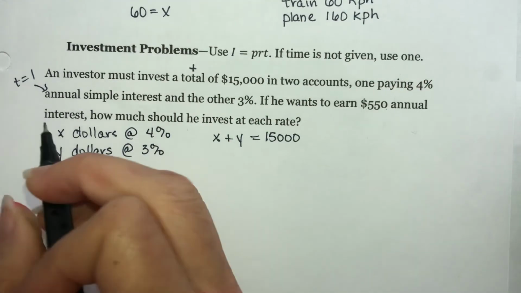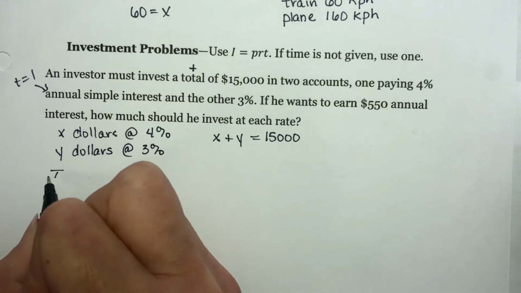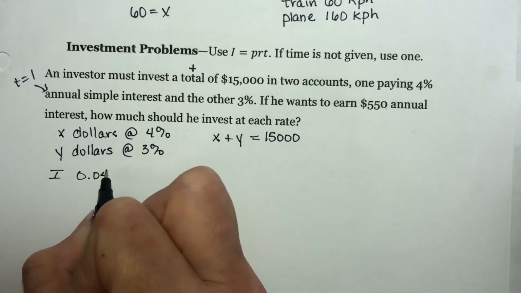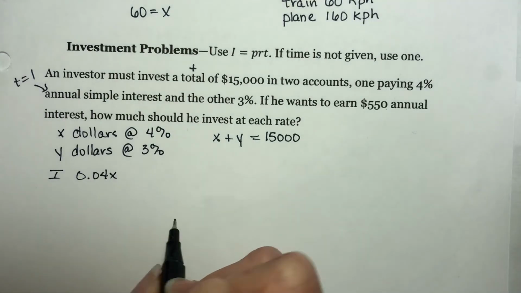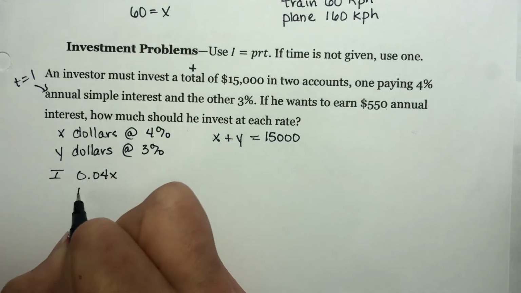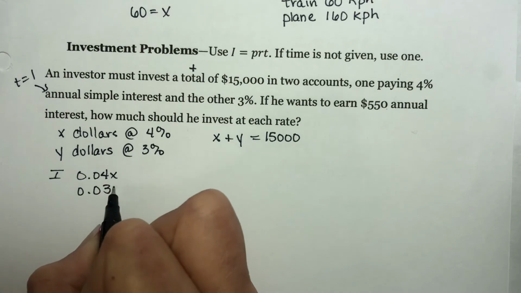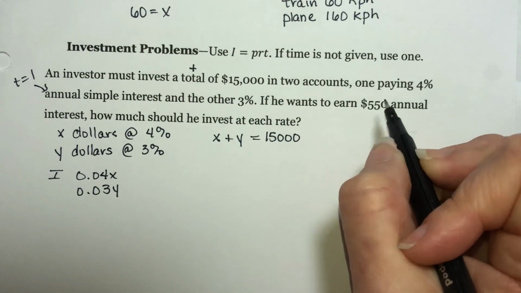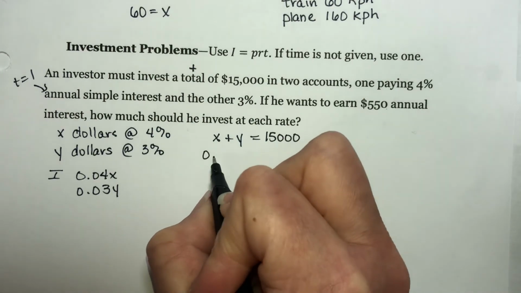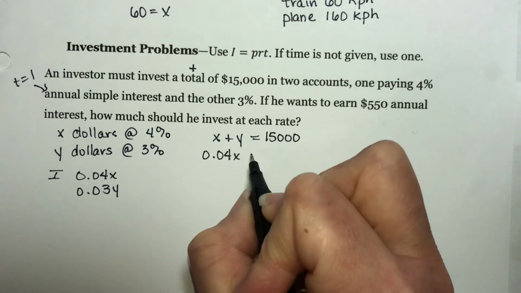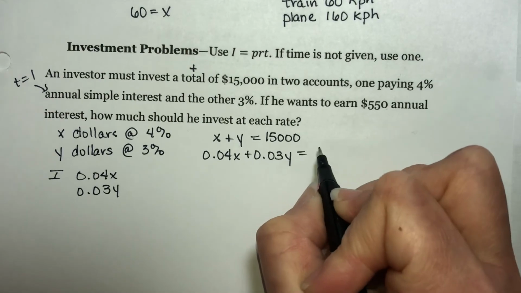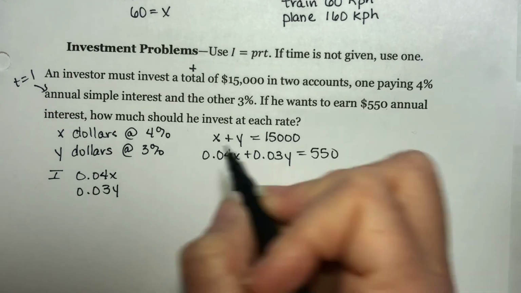So the interest on the first one will be 0.04x. The interest on the second one will be 0.03y. And if I add those together, I get 550. So my second equation is 0.04x plus 0.03y is equal to 550.